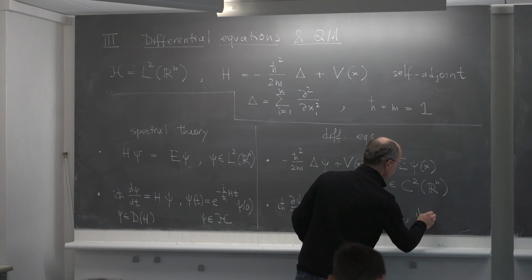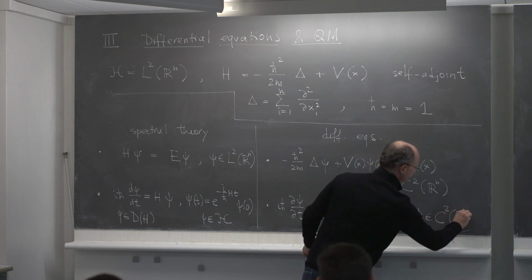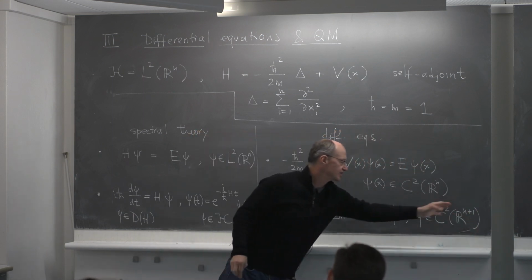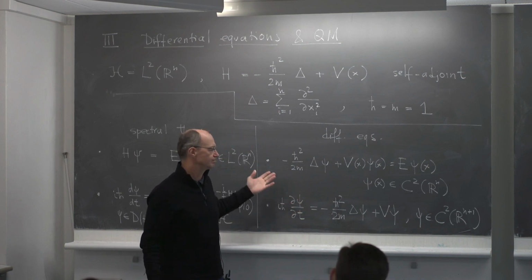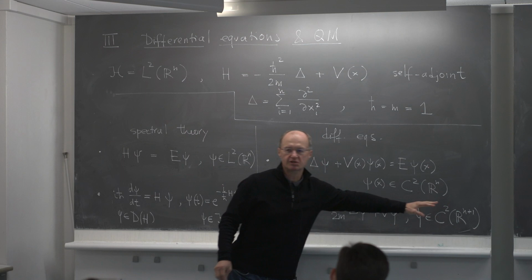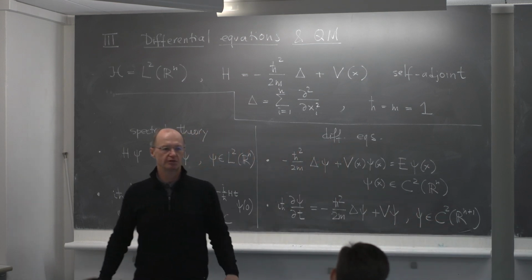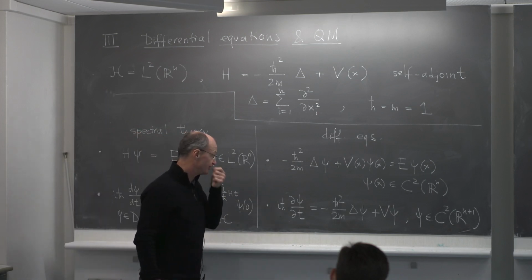So this is the equation which naturally lives in C2 of R^(n+1). And this 2 is somewhat negotiable. Right, with respect to time, we even don't need to have two continuous derivatives. But OK, if we take C2, that's certainly a reasonable domain where this equation is defined.